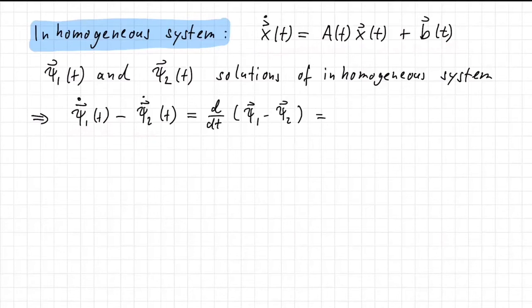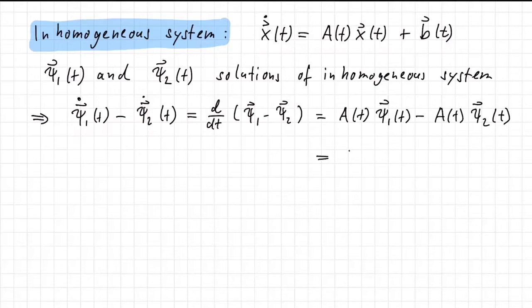So what we end up with is a of t psi1 of t minus a of t psi2 of t. And then we can just write this as a of t times, in brackets, psi1 of t minus psi2 of t.